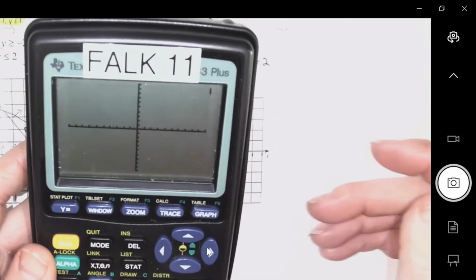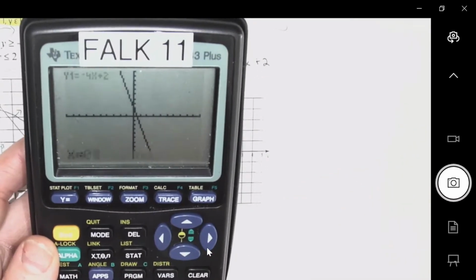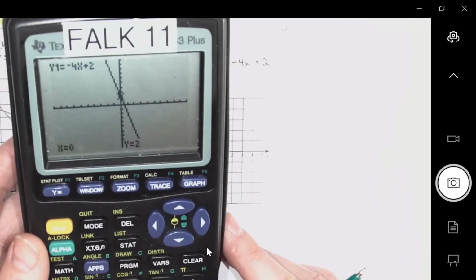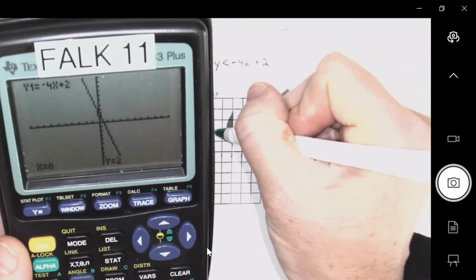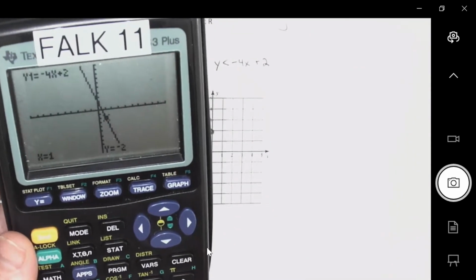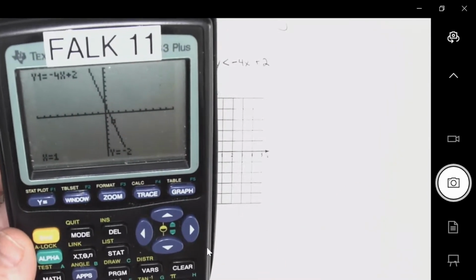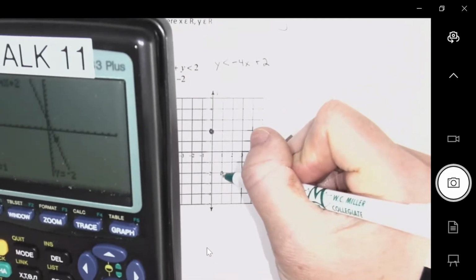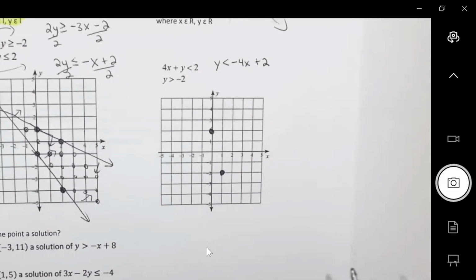Negative 4x plus 2, graphing, trace some points. So I got 0, 2 on that. Trace, I've tried 1. 1, negative 2 is a point. That's good. Again, you can pick a bunch of ones.